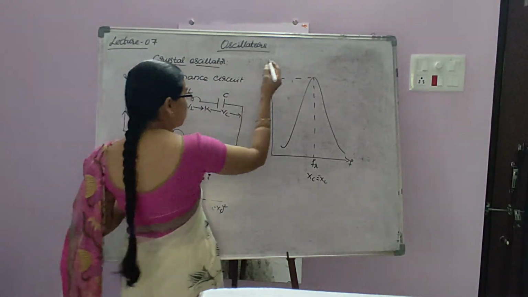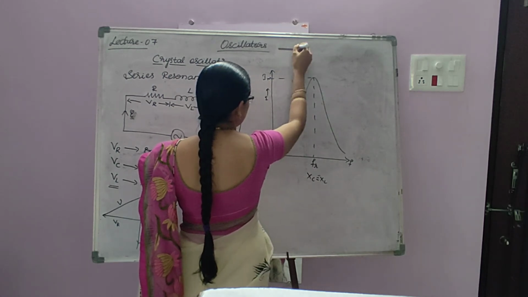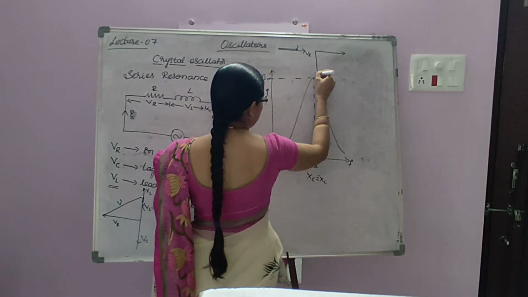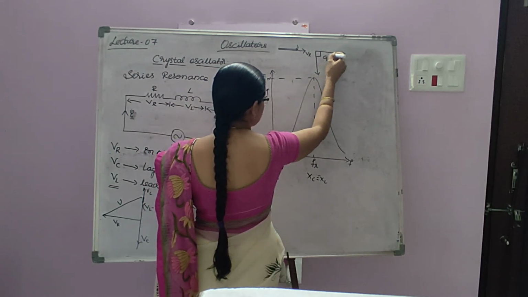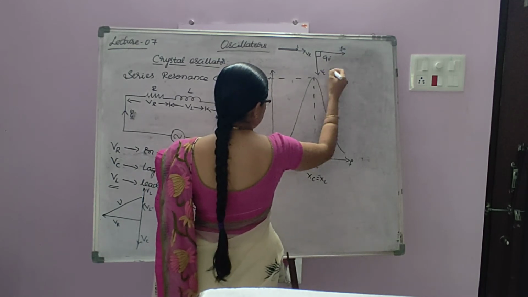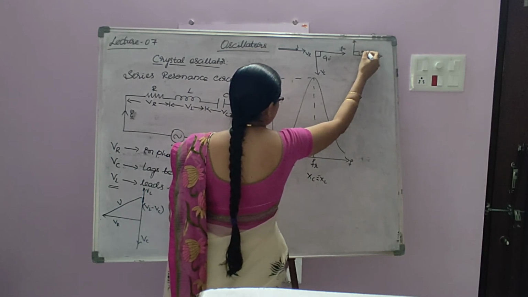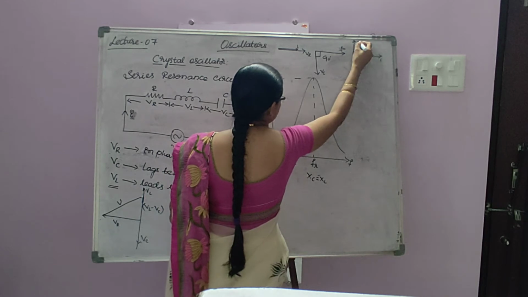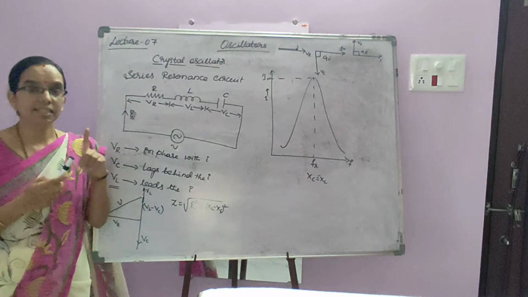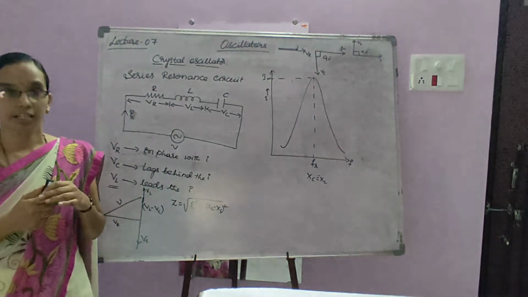In a resistor, VR and the current are in phase. In a capacitor, it will be 90 degrees out of phase, with VC lagging the current. In an inductor, the voltage leads the current by 90 degrees. That is, in inductors, the current lags behind the voltage by 90 degrees.